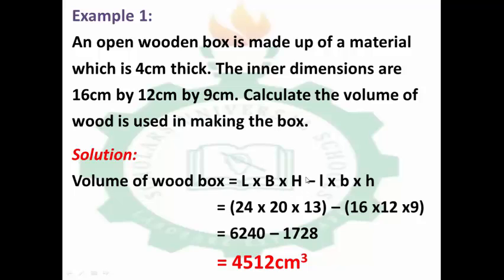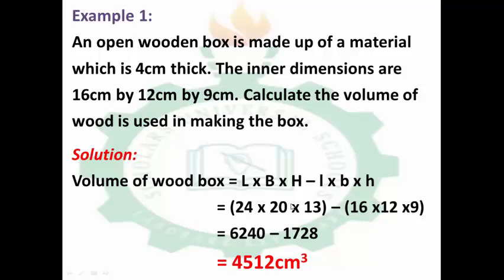For the external dimension, we are told that the wood box is made up of material which is 4 centimeters thick. And we are given 16 centimeters as the length. So that means this 4 centimeters, you are going to multiply by 2 and add it to it. Then we have the breadth. The breadth is 12 centimeters for the inner dimension.